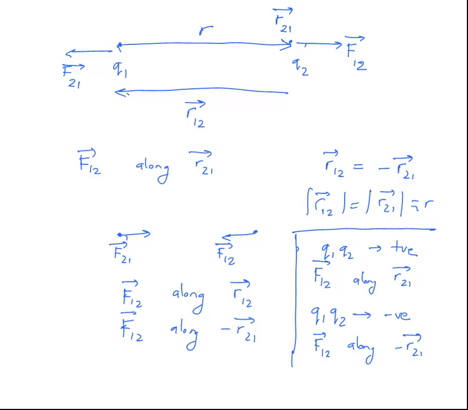So if I multiplied Q1 Q2 by R21, the positive and negative sign would automatically come because of the positive or negative product, which leads us to believe that if I took my force F12 as 1 by 4 pi epsilon Q1 Q2 by R square, which is its magnitude, and multiplied it by R21, the positive or negative R21 would be taken care of.